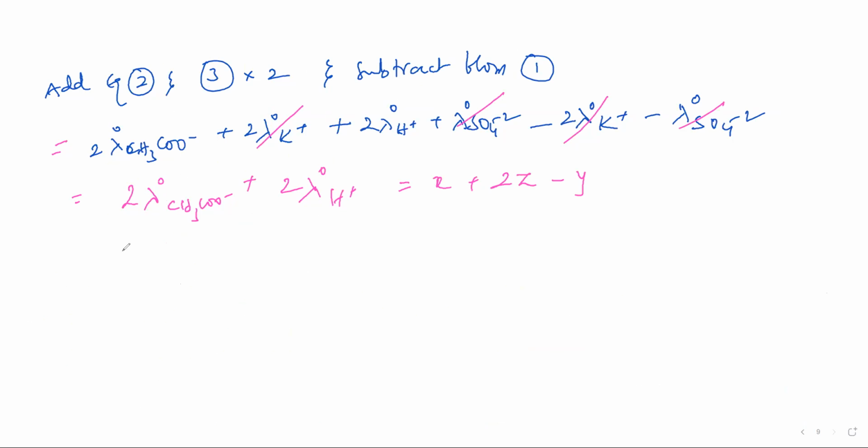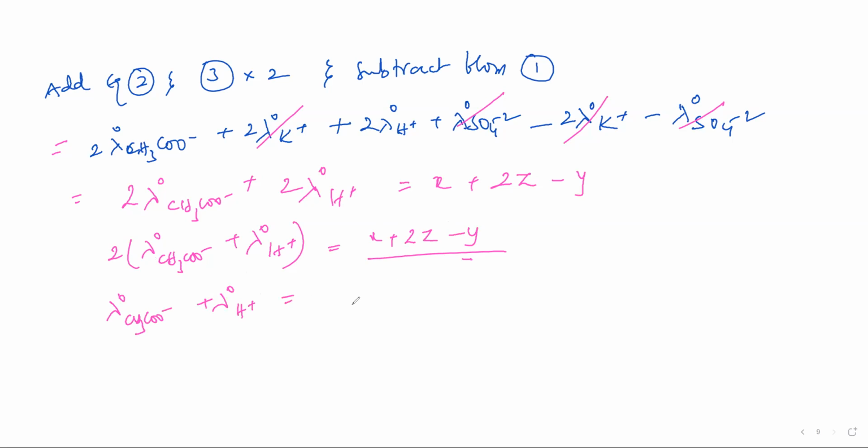Then what you can make common is 2 into lambda naught CH3COO minus plus lambda naught H plus is equal to X plus 2Z minus Y. So lambda naught CH3COO minus plus lambda naught H plus is equal to X plus 2Z minus Y divided by 2.